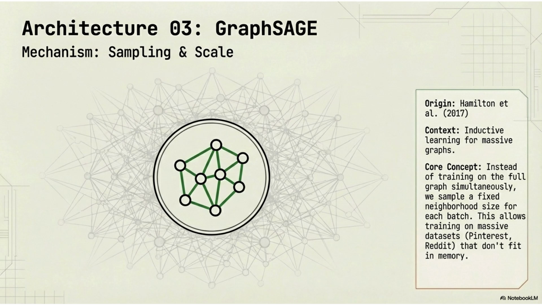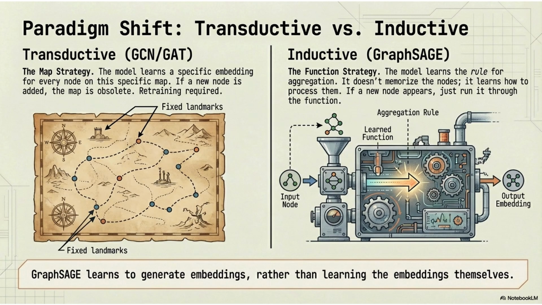Here we follow the working steps of graph sampling and aggregation. First, we sample a fixed number of neighbors, then aggregate the neighbor features, then concatenate with the node feature values.